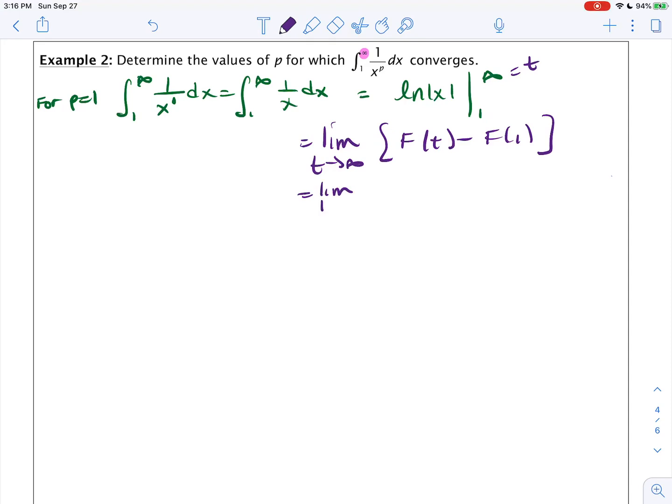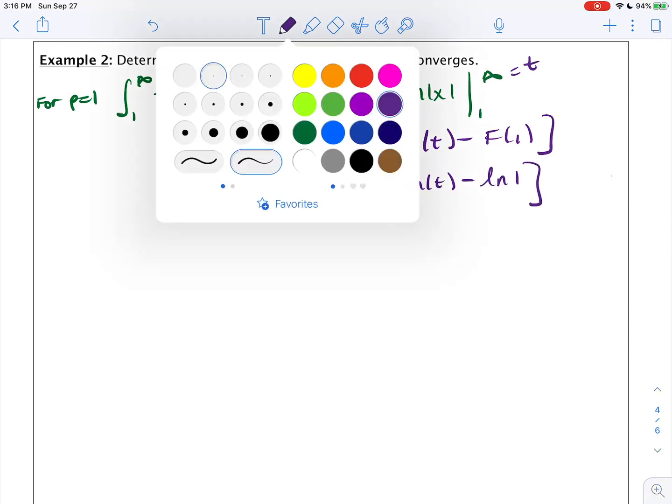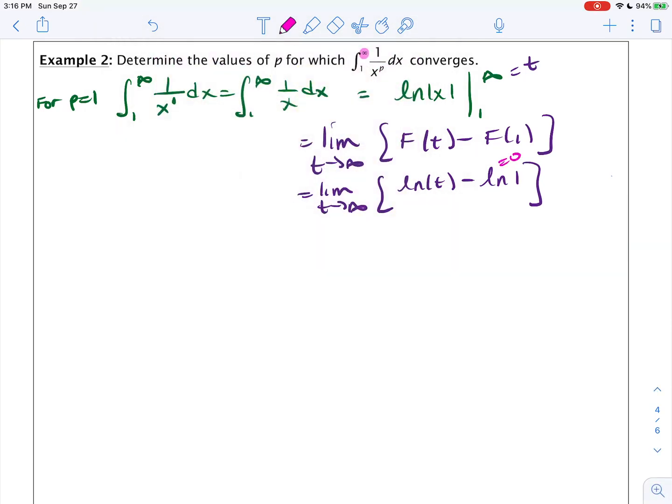And so I'm just going to take that limit, and F of t is going to be the ln of t minus the ln of 1. We do know that the ln of 1 is equal to 0. And if we plug in t equal to infinity, this is going to be ln of infinity, which is going to be infinity. So we know that for p equal to 1, the integral from 1 to infinity of 1 over x to the p dx is going to be divergent.